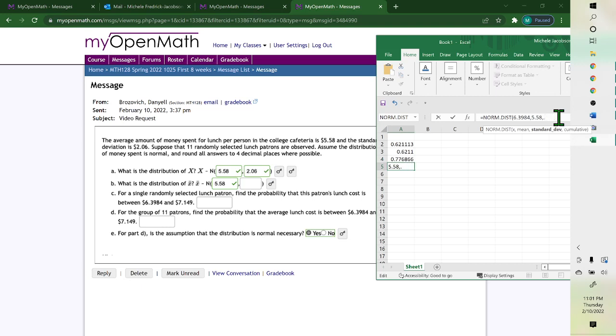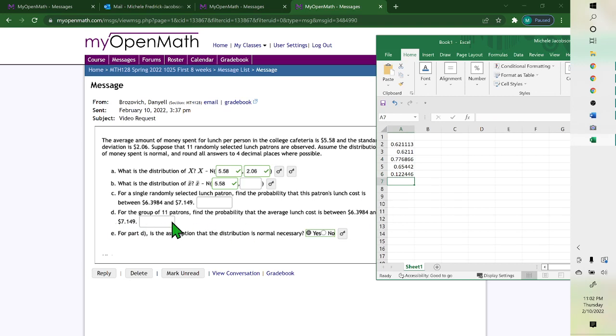We're still using the first one, 2.06, because this was still a single randomly selected one, comma, 1. There we go. So then for our answer, we need to subtract those. So equals the 0.7 minus the 0.61, because we wanted the percent between them.